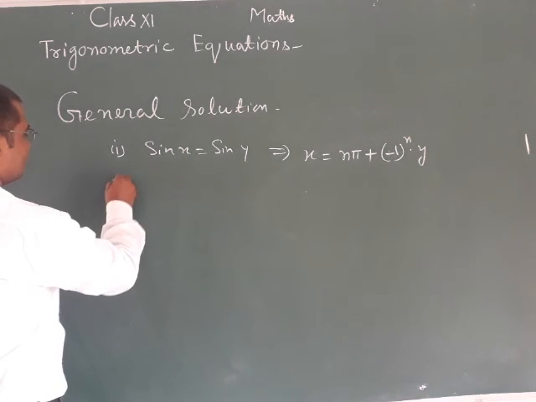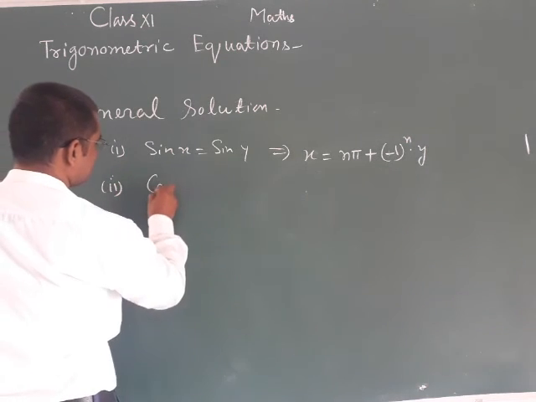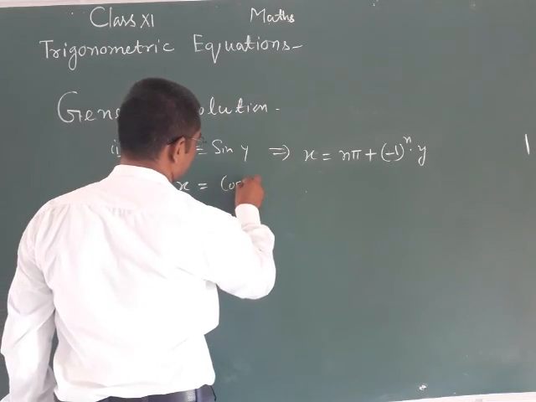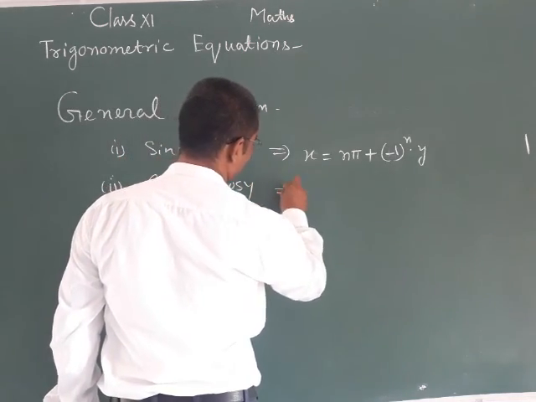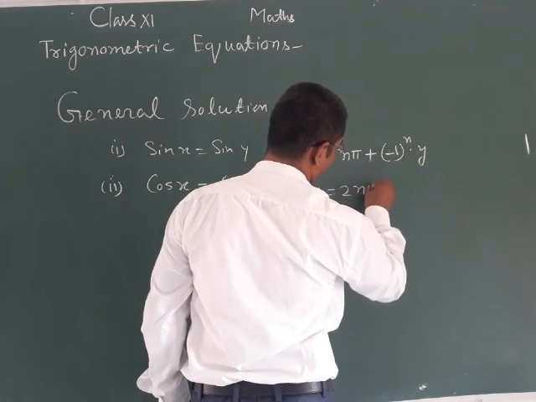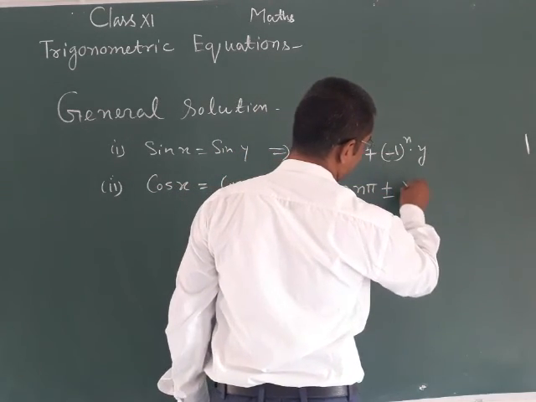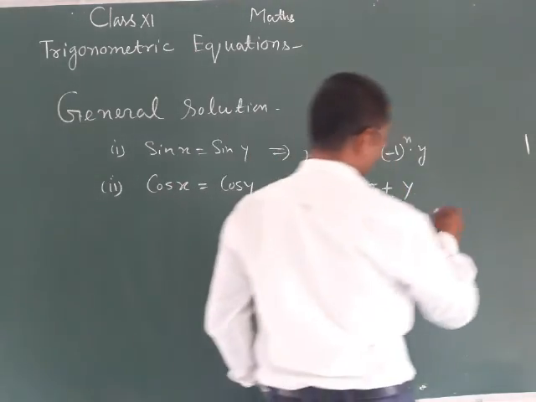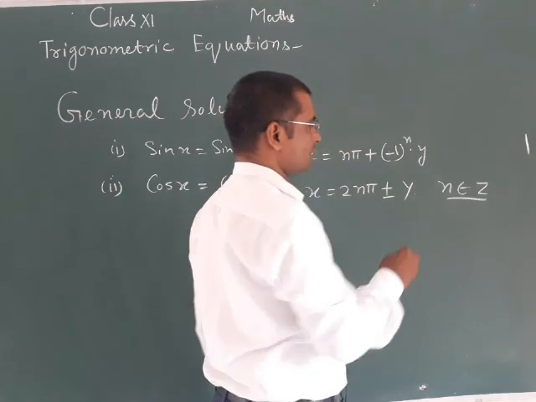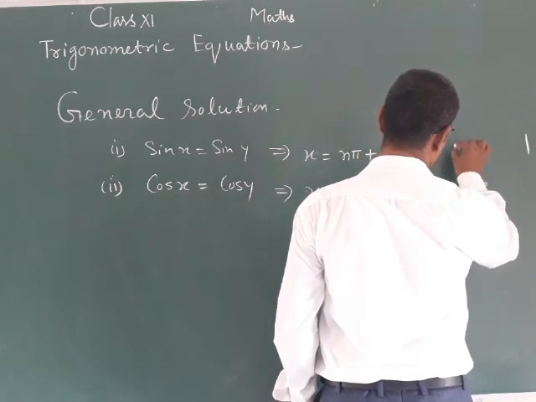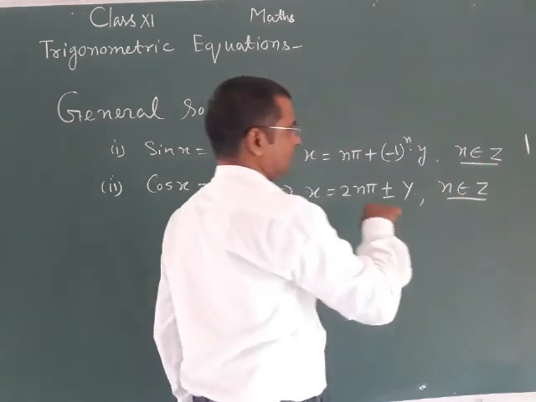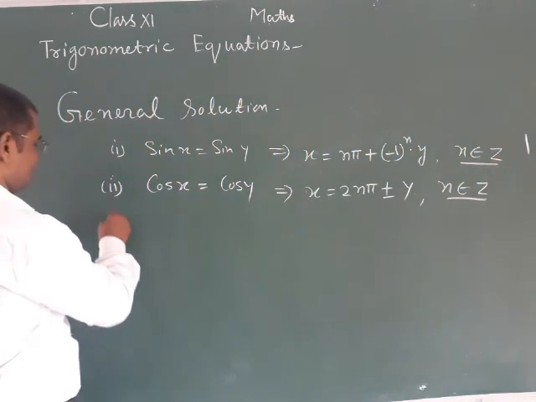And second, cos x is equal to cos y. This implies that x is equal to 2n pi plus minus y, where n belongs to Z, Z for integers.